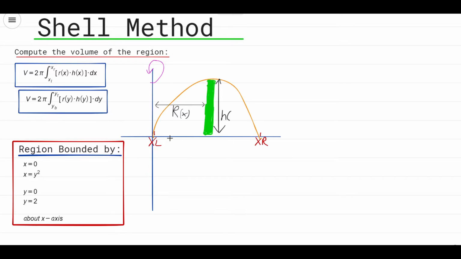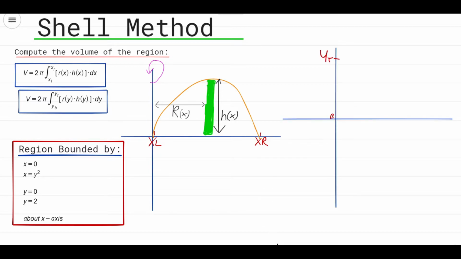And h of x is the function that's given to us, and it's the height of the disk basically. So h of x is the height of this green disk right here.